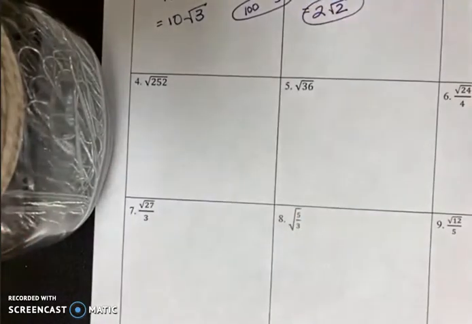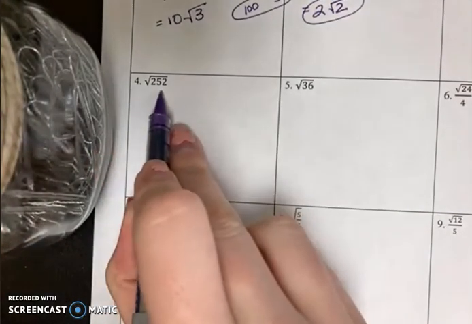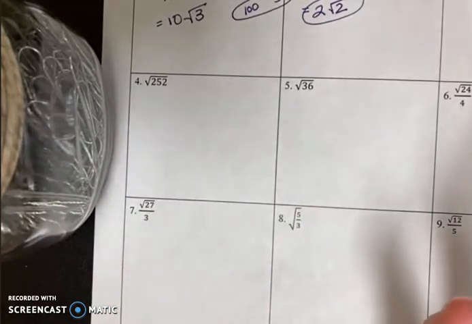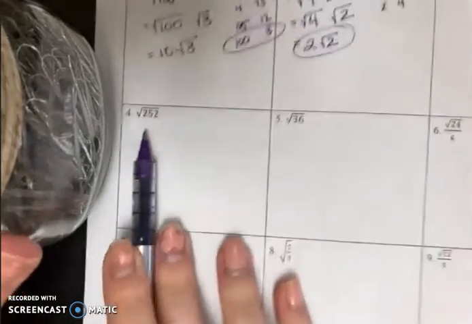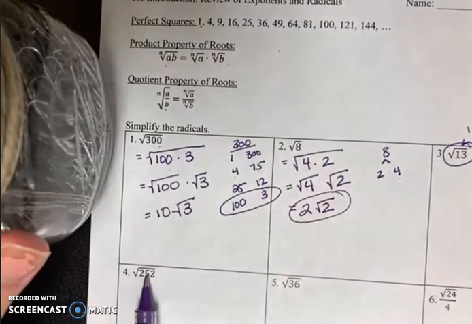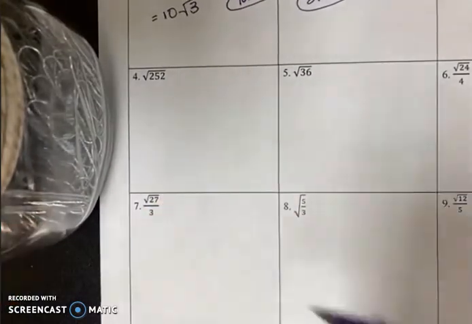Okay, 252, let's go through this process again. You don't have to list out all the factors of 252. You could if you wanted to. I just think it's a waste of time. Let's just think, okay, what perfect squares is 252 divisible by? Okay, that's what I'm asking myself.